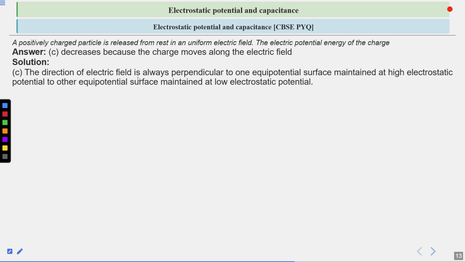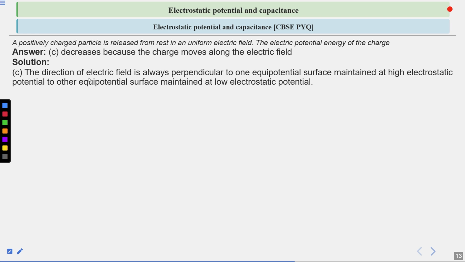Potential energy is equal to Q times the potential difference. For a positive charge, Q is constant, so potential energy is directly proportional to the electric potential. If the electric field is in the direction of decreasing potential, it is in the direction of decreasing potential energy in this case.